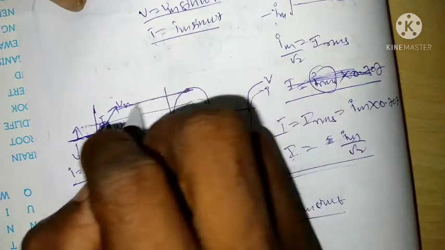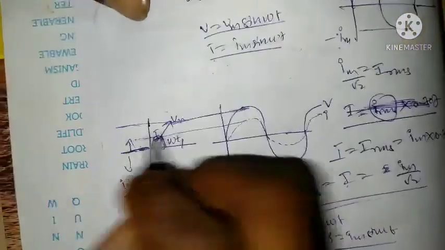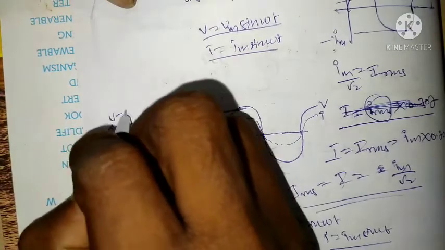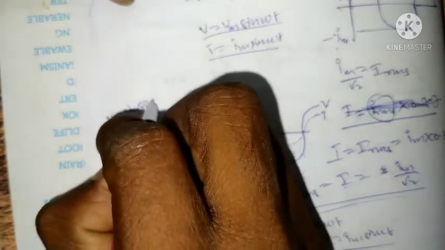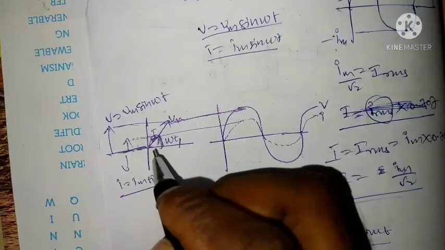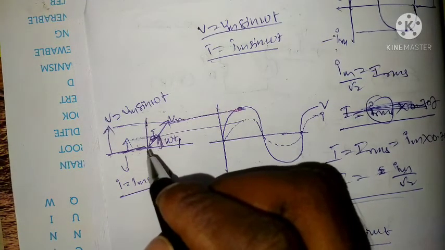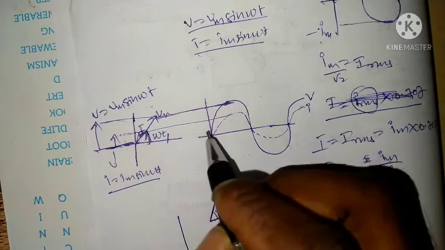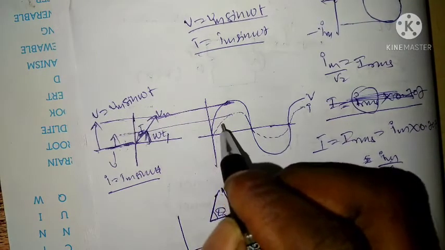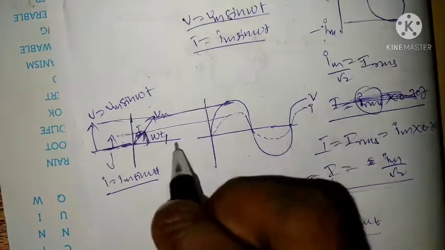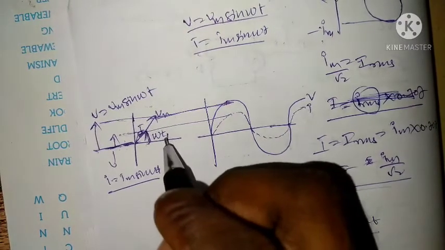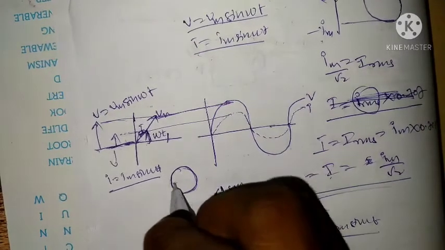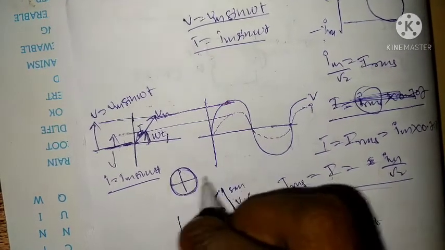In the case of voltage, the vertical component of voltage is V equal to Vm sin omega t. That is the phasor diagram between current and voltage, the magnitude of the phasor with respect to time, omega t rotation. It can rotate in a circle through 360 degrees.